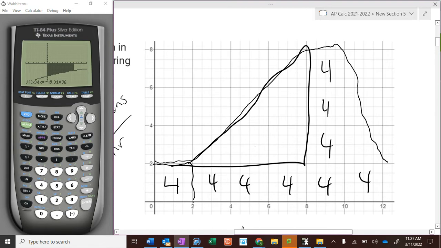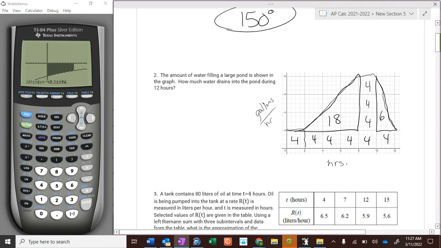What's half of 6 by 6? 18. What's this triangle right here? 2 by 6. What's half of 2 by 6? 6. So you take 18 plus 12, which is 30, plus 6, which is 36, plus another 24. 36 plus 24 is 60 gallons. Okay? Area under the curve.